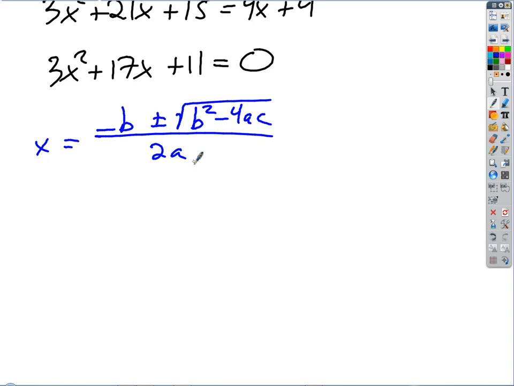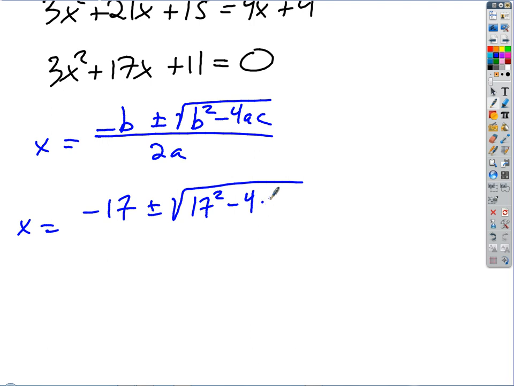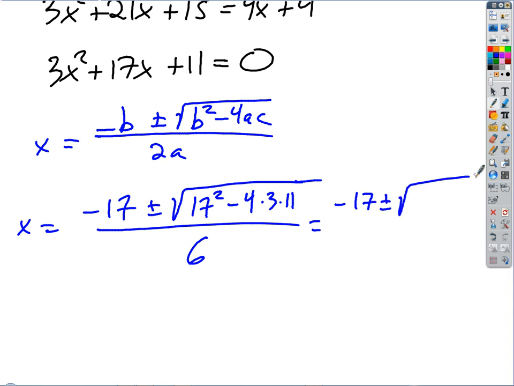So if I plug this in, negative b is negative 17, plus or minus the square root of 17 squared minus 4 times 11 times 3, divided by 2 times 3, which is 6.